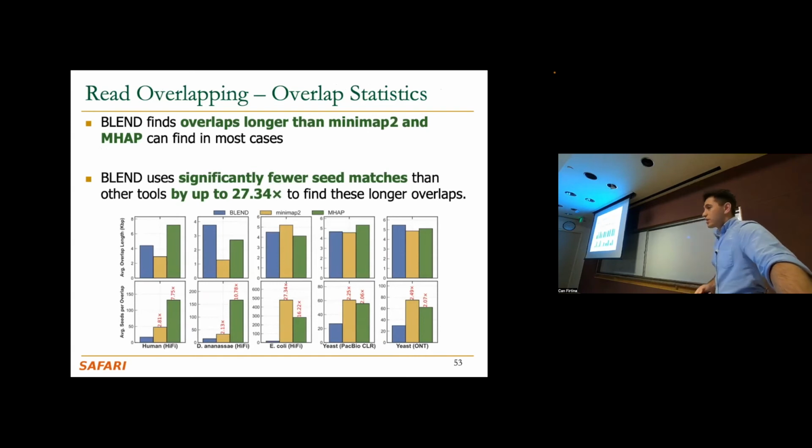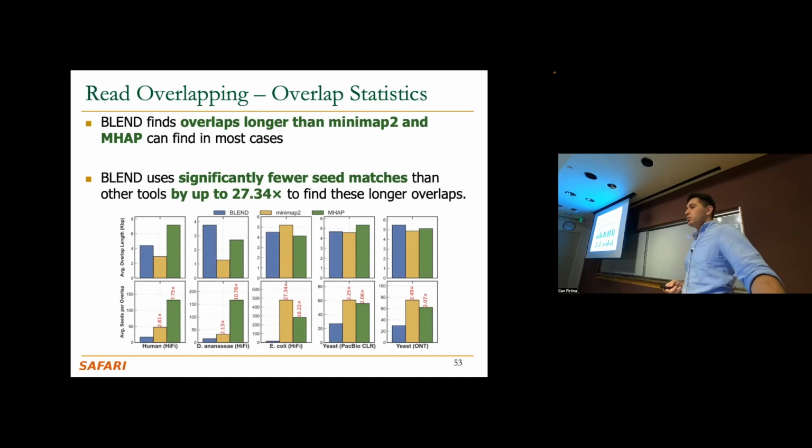And BLEND uses significantly fewer seeds to find these longer overlaps, thanks to the approximate seed matching approach. We show these significant improvements in overlap quality, performance, and memory because now we have the approximate matching capability.